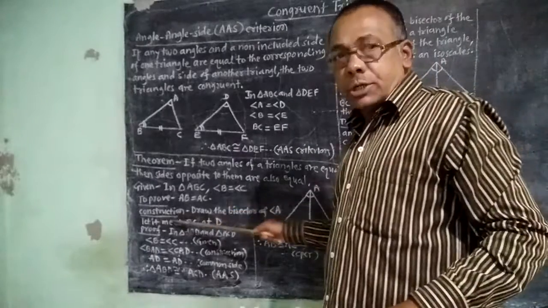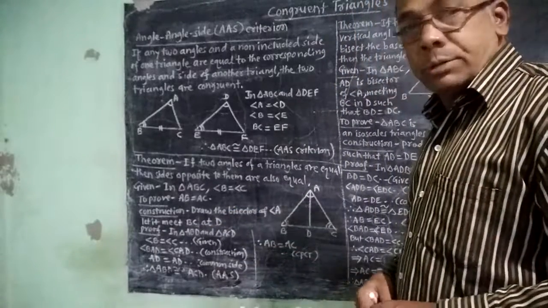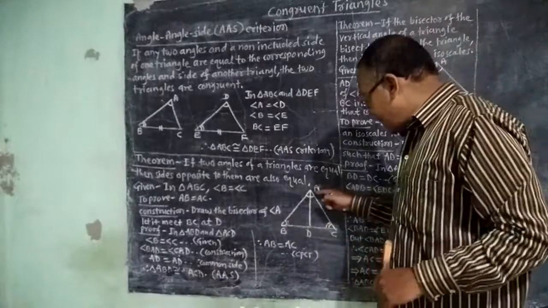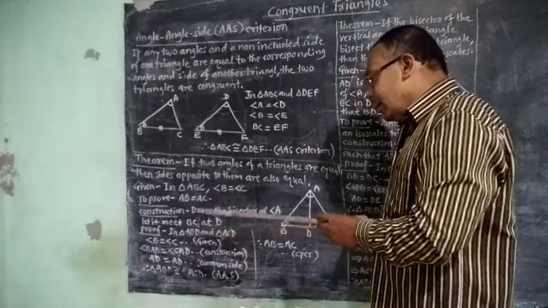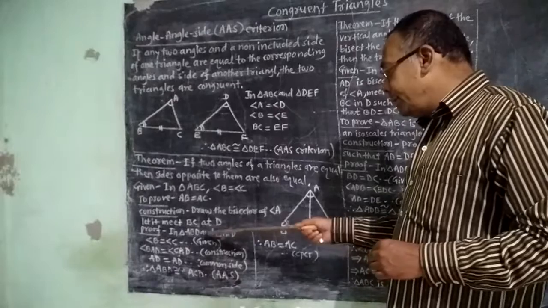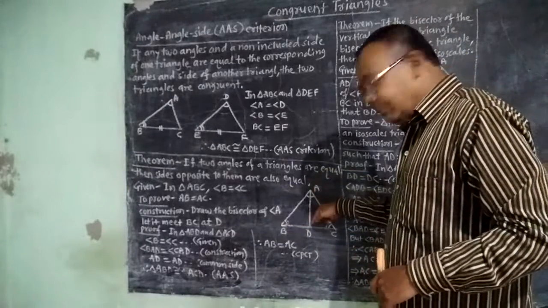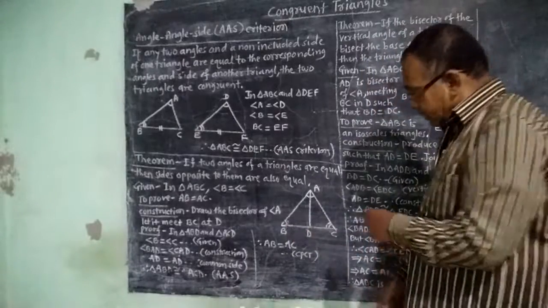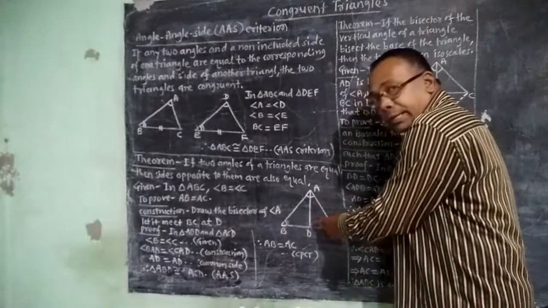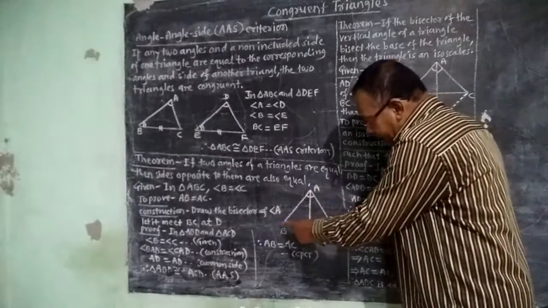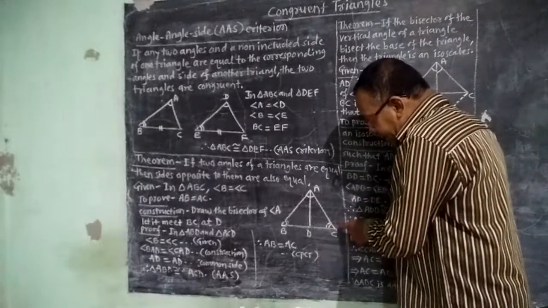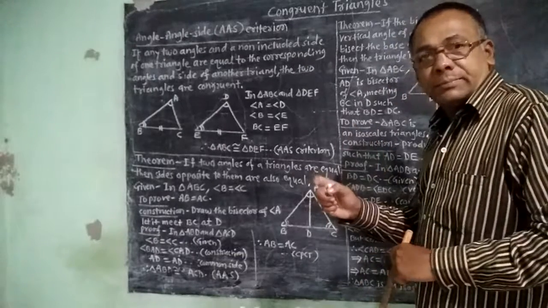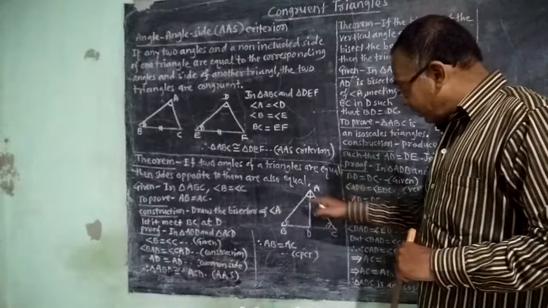Now construction. Here construction is done. Draw the bisector of angle A. We have drawn the bisector of angle A which meets side BC at D, meaning AD meets the side BC at point D. Since AD is the bisector of angle A, therefore angle BAD equal to angle CAD, and these two angles are represented by the same mark on the angle here.